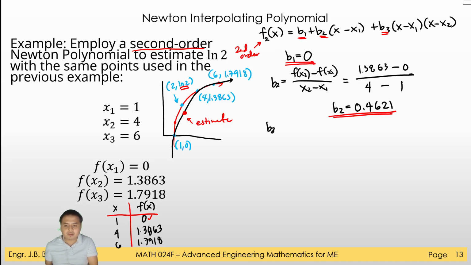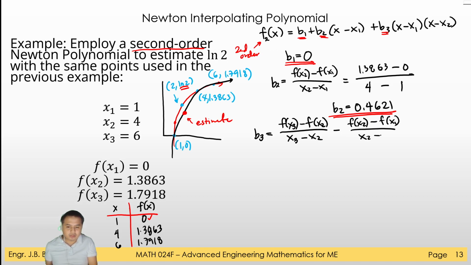And then for b3, b3 is slightly complicated to solve, but we have here f of x3 minus f of x2. Again, there's a shortcut method for this, so don't worry. And then we have minus f of x2 minus f of x1 over x2 minus x1, and then over x3 minus x1.